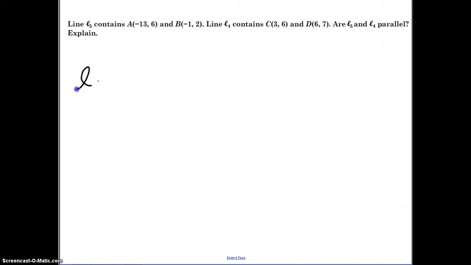So I'm going to look at line 3 first, and I need to find my slope. I have the option of doing y2 minus y1 over x2 minus x1. It does not matter which point is 2 and which point is 1, just keep them the same. I'm going to make that point 2, that point 1. So my y2 is 2 minus my y1 is 6.